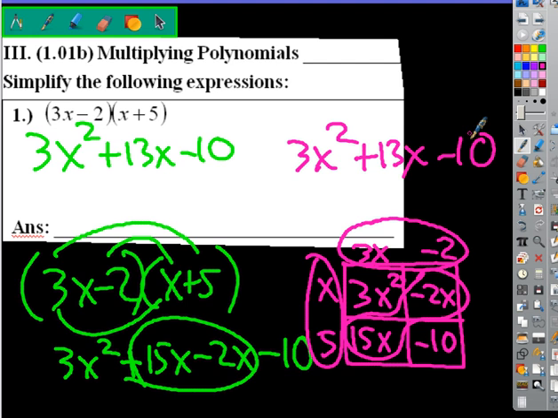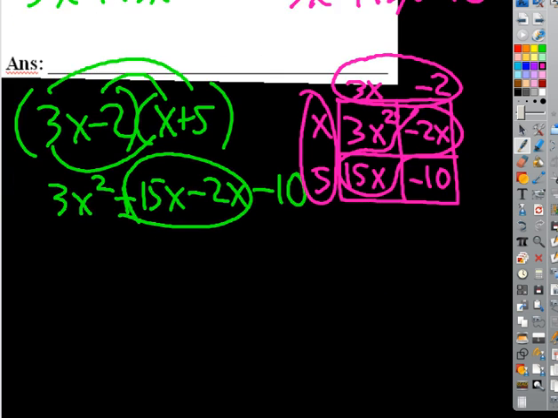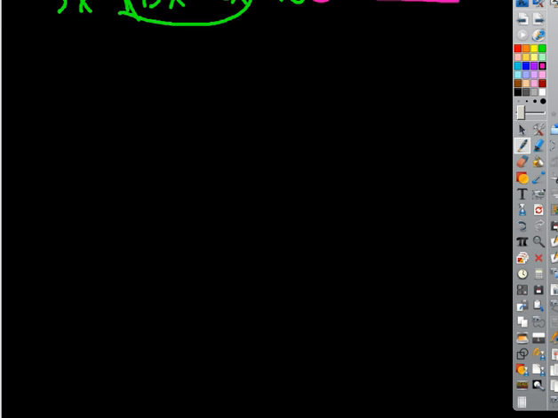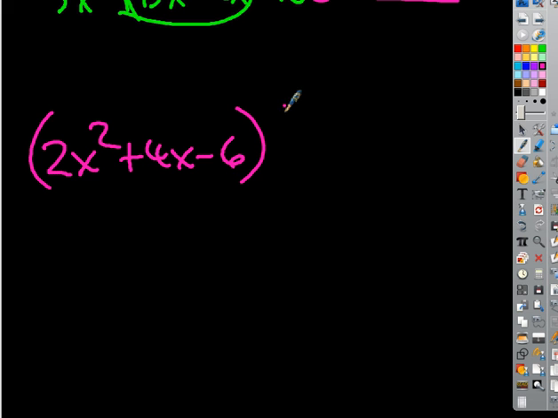Okay, I'll do one where it's a 3 and a 2. So let's say it's 2x squared plus 4x minus 6 times 5x minus 2. Okay, I'm just doing the box method here.